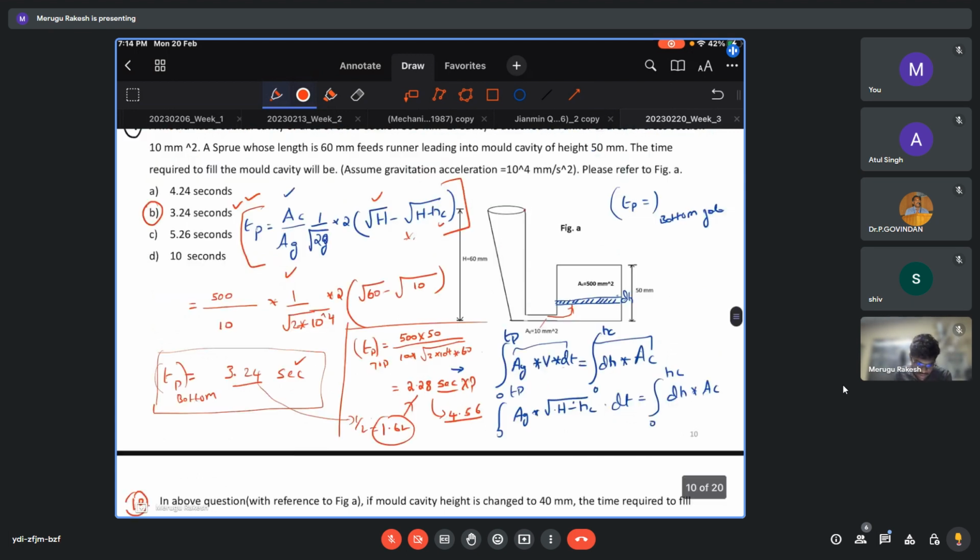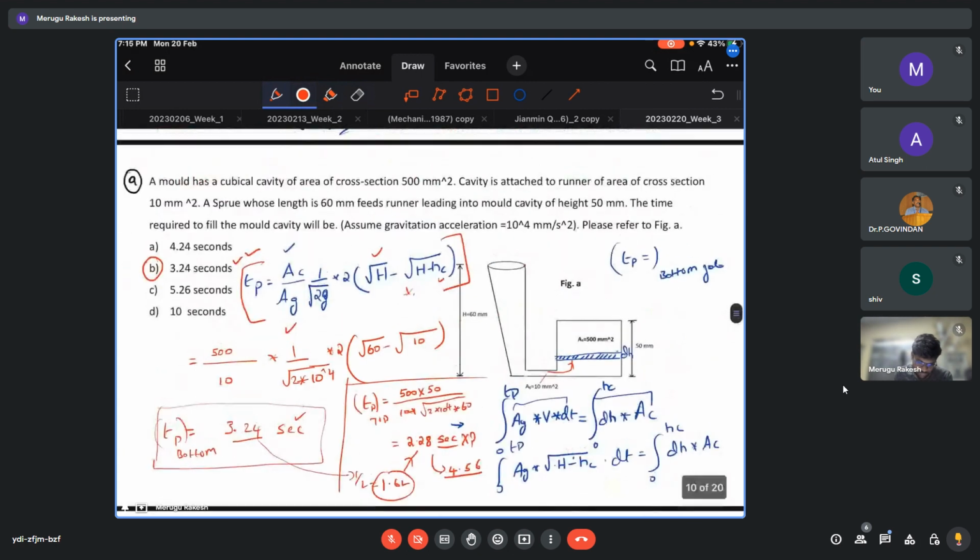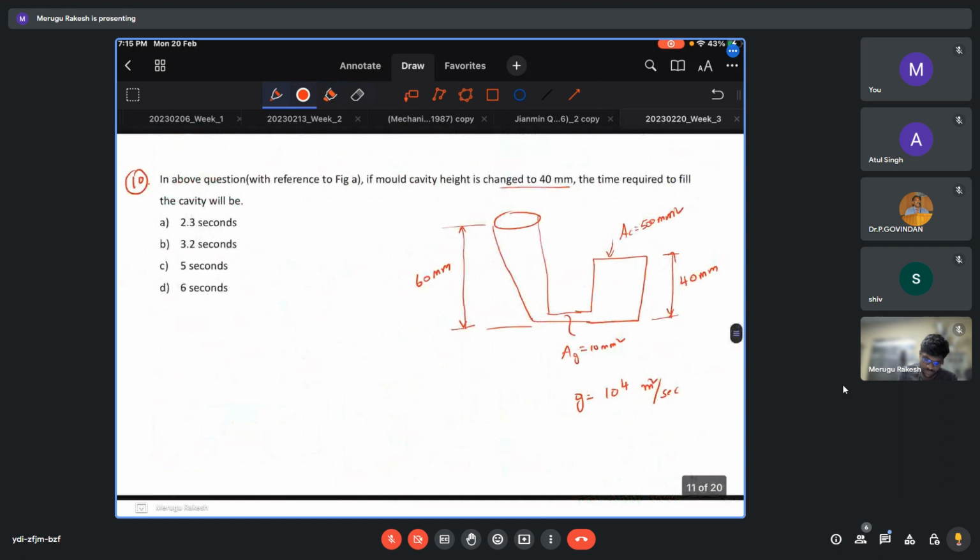The rest is the same. Now in this same question, what happens if you change the height to 40 mm? Take 2 seconds.